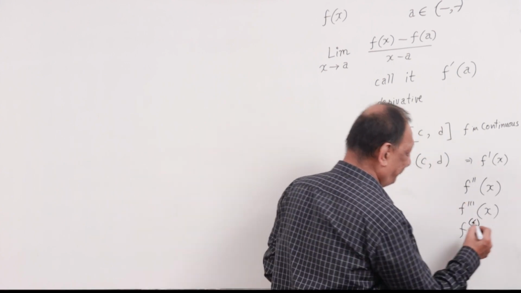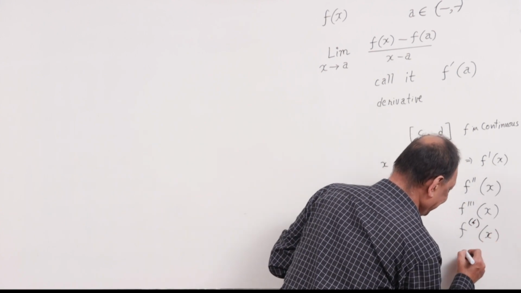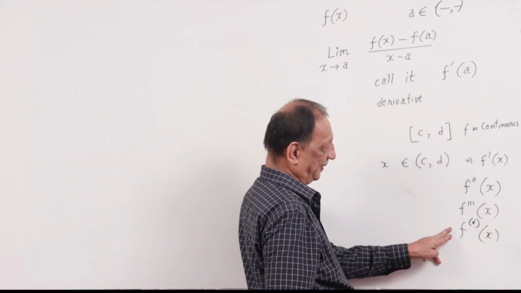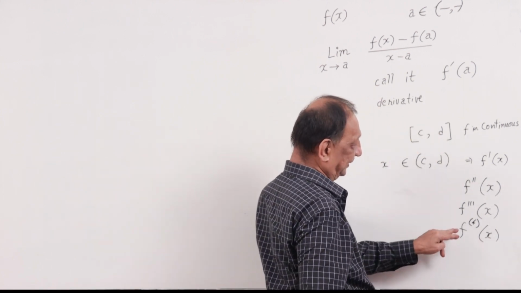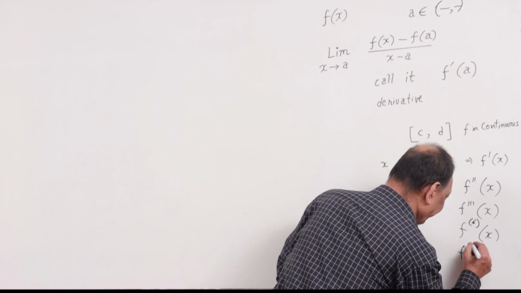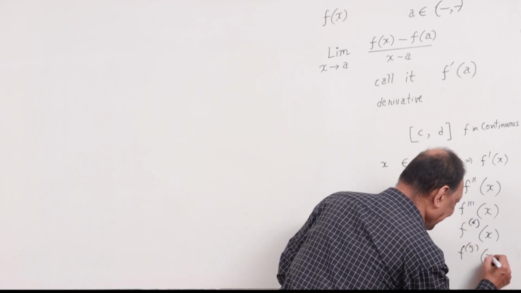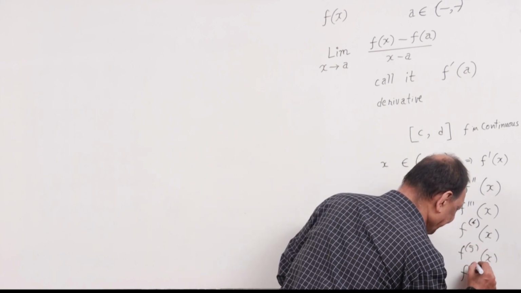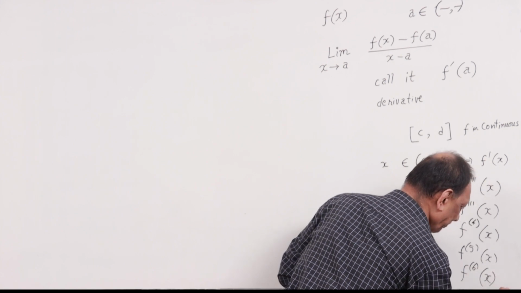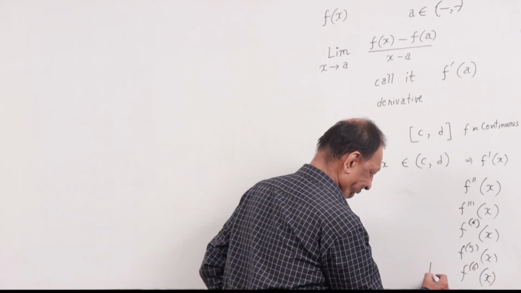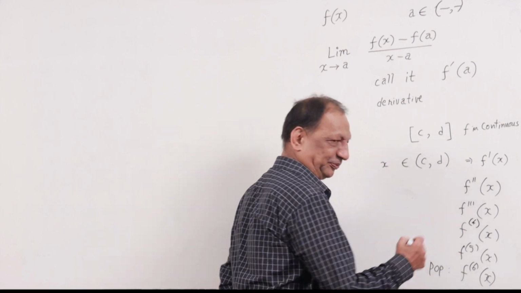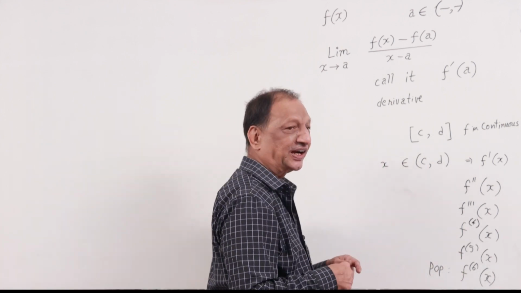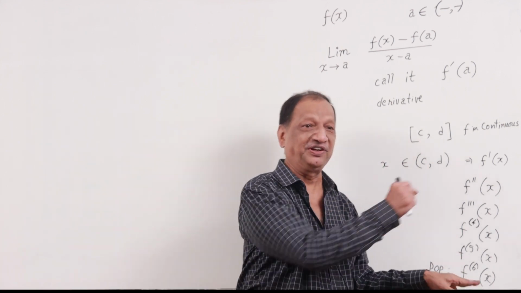So f^(4)(x) is the snap, then f^(5)(x) will be rattle, and f^(6)(x) will be pop. The pop noise you hear is the sixth order derivative of the position of the object.